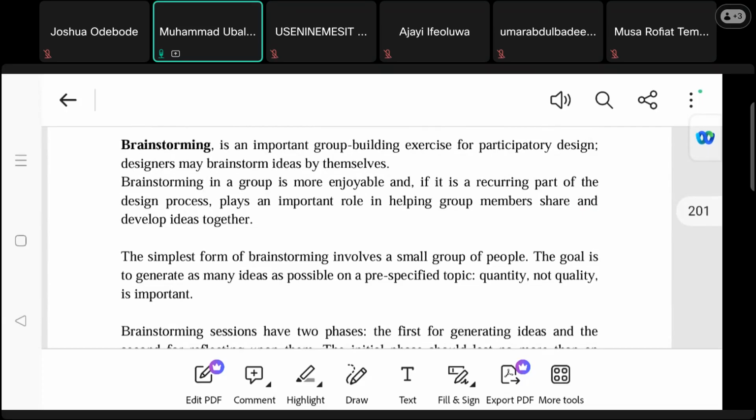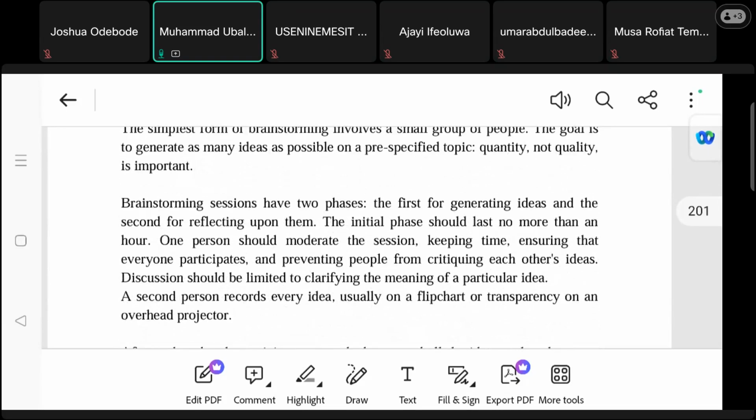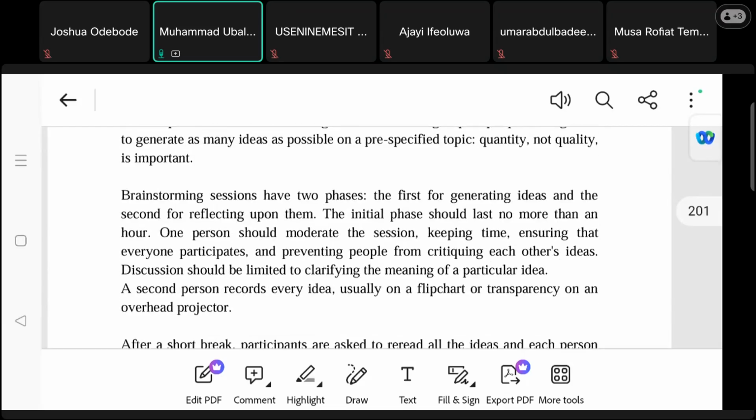So this is what brainstorming is about and how it helped in developing good and effective systems. Now, one thing about brainstorming session is that it has two phases. The first phase for generating ideas and the second phase for reflecting on the ideas. Like I said, we put down the ideas in writing and then we deliberate on the ideas until the best idea is selected.